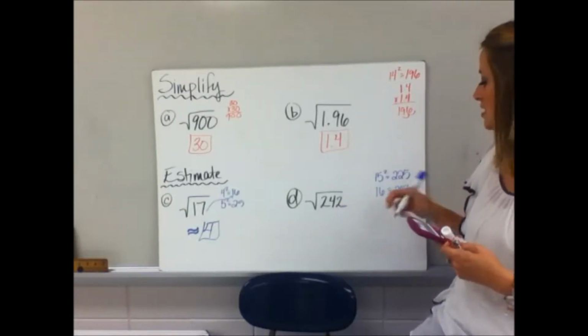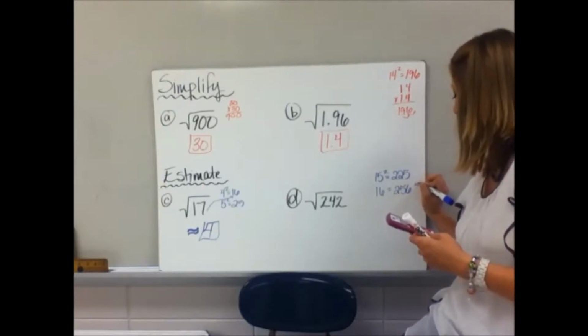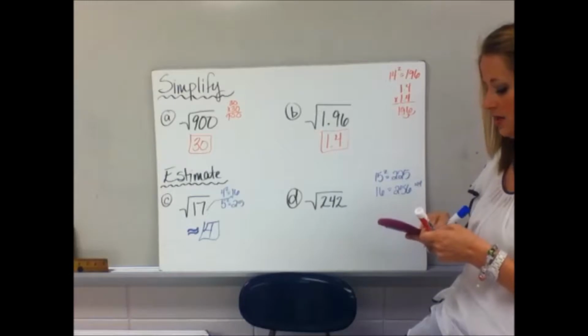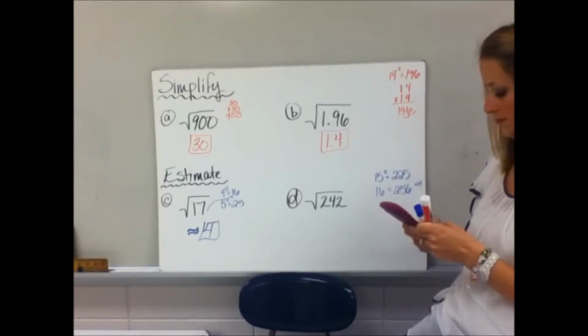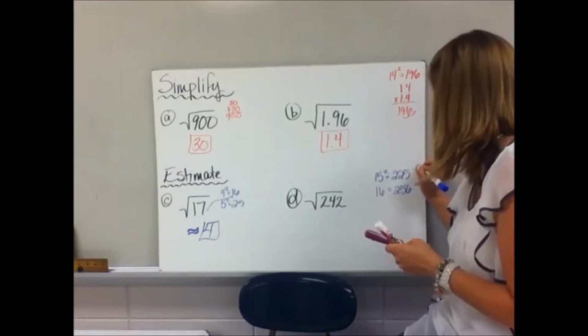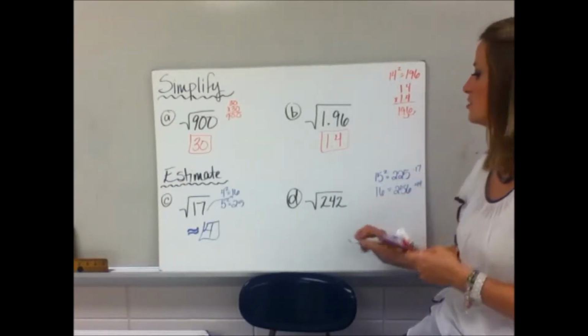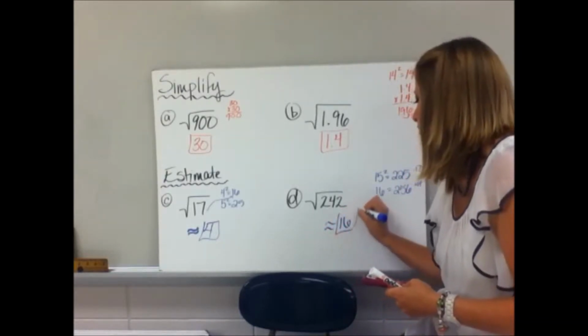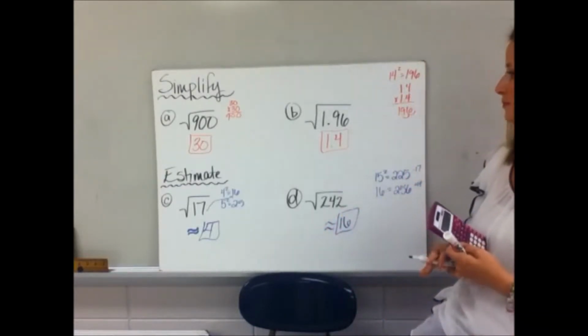Well, 256 is 14 higher, and 225 is 17 less than it. So it's going to be closer to 16. So we're going to estimate that as 16.